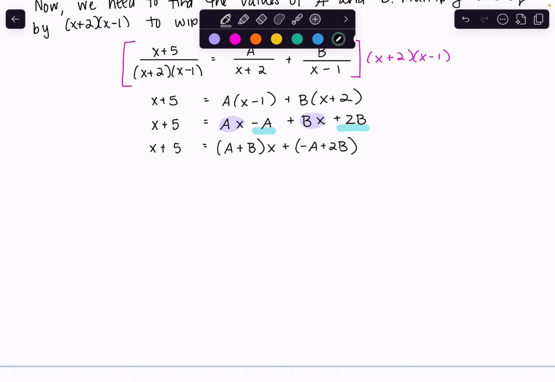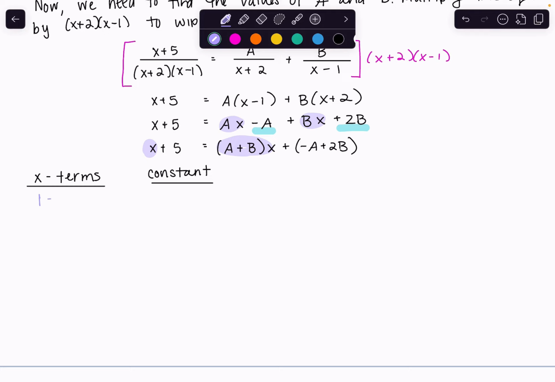So now matching coefficients, we look at the x term, and then we look at the constants. Those are the two things we have. On the left-hand side, if I look at my x's, I have 1, and then I have a plus b over here.